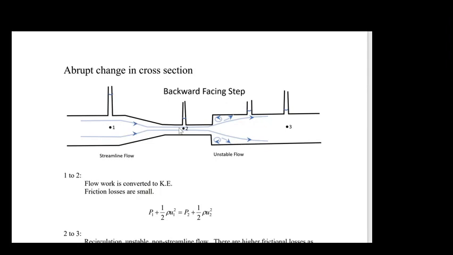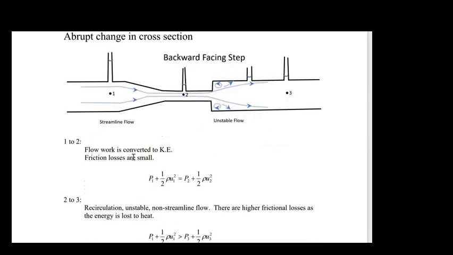Okay, so from position 2 to position 3, we are seeing a decrease in kinetic energy. We're seeing an increase in cross-sectional area. And if the cross-sectional area at 1 is the same as the cross-sectional area at 3, then obviously the velocity at 3 would be the same as the velocity at 1.